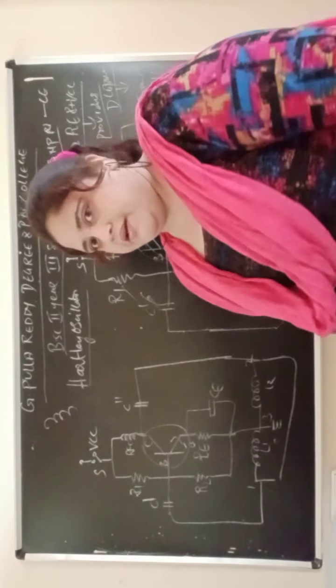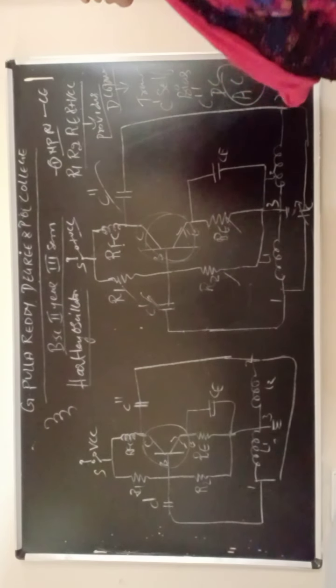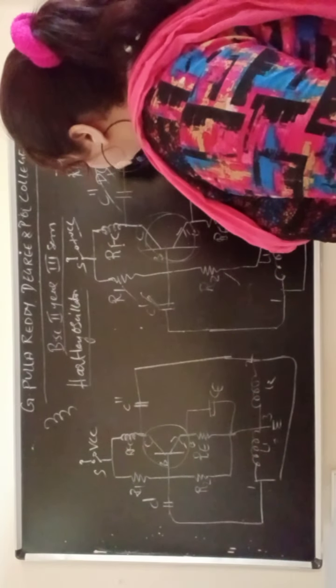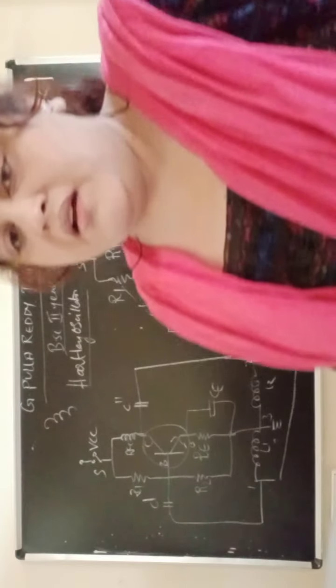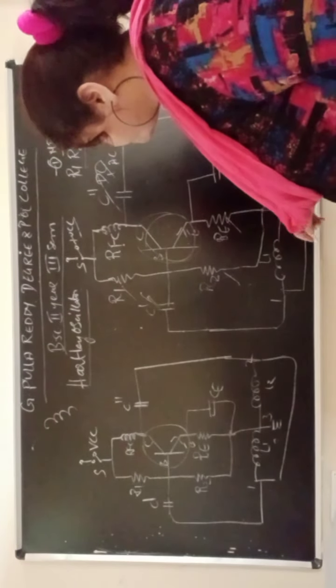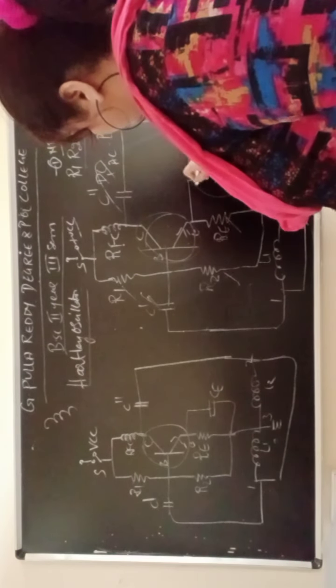Then C double dash blocks DC and passes only AC, because we need only AC at the output. Now these things are over. Who is remaining? This and this.